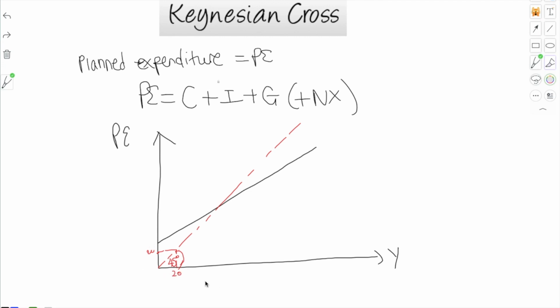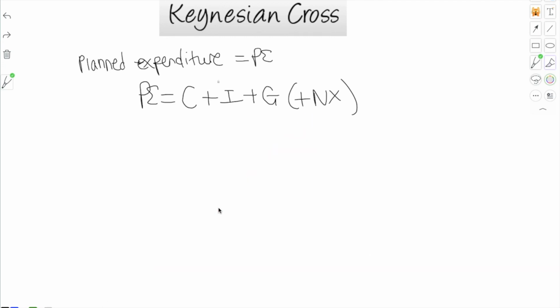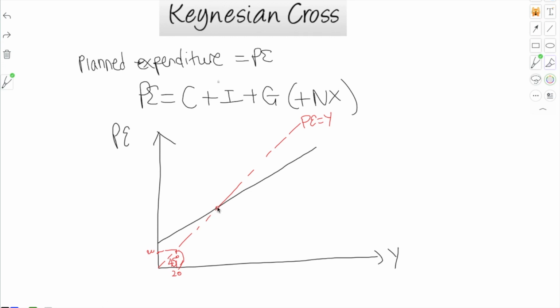They're exactly equal. So on this line, planned expenditure equals the actual outcome. What we like to think about in economics is: at what point are these the same? Because when they're the same, it means that what we've planned for has been realised, that is what's actually happening.